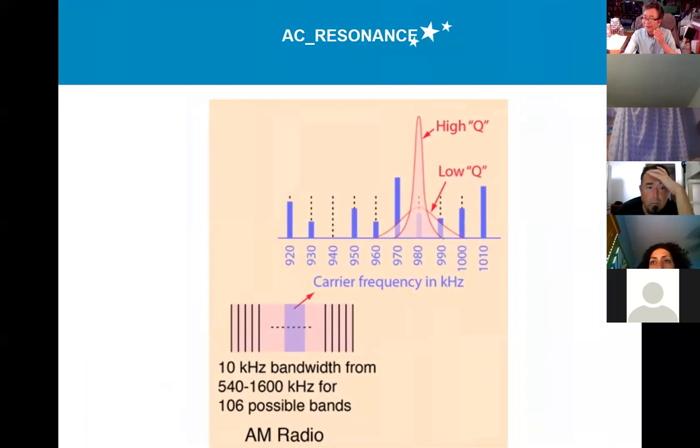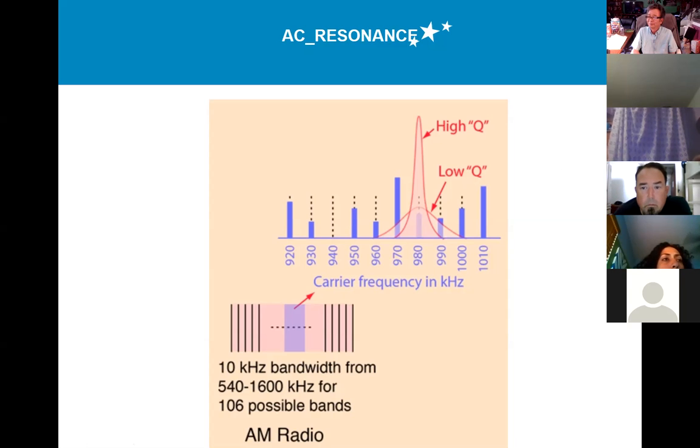Okay, in here you can see they display the frequency response, and they display it right at this point here. One will be high Q and one will be low Q. So which one do you want, high Q or low Q?